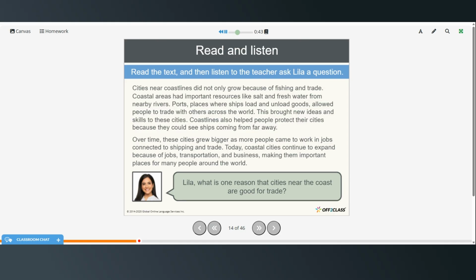This brought new ideas and skills to these cities. Coastlines also helped people protect their cities because they could see ships coming from far away. Over time, these cities grew bigger as more people came to work in jobs connected to shipping and trade. Today, coastal cities continue to expand because of jobs, transportation, and business, making them important places for many people around the world.